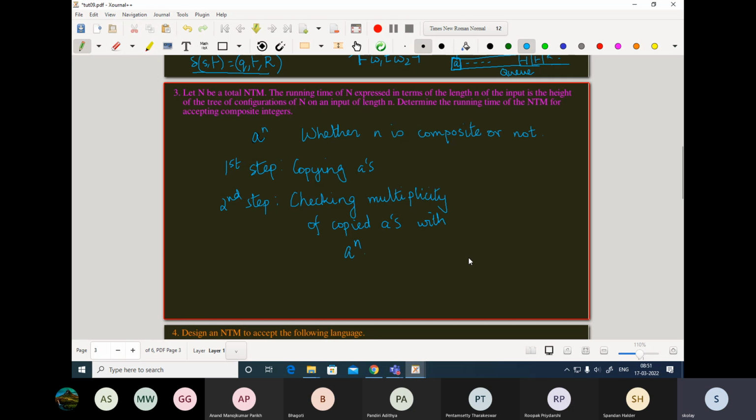So what is the running time of each, say, how many, it basically means what is the worst number of configurations you are moving through for the first step and then for the second step.